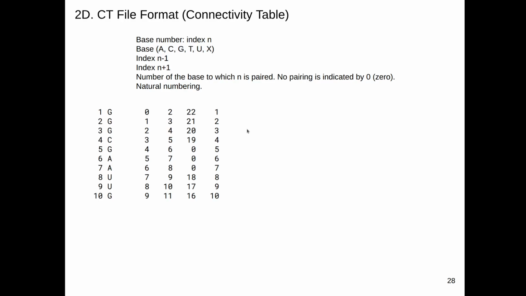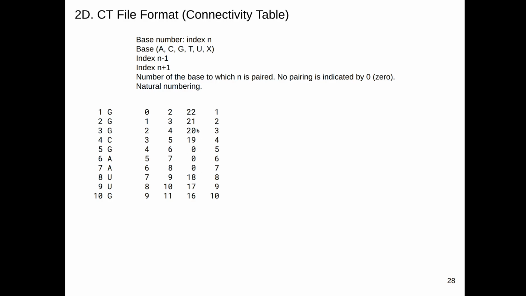Apart from this, we also have some tabular notations. This is the so-called CT file format, connectivity table, where we have one line per position. We have the nucleotide, ordinal number, zero-based indexes, and this is one-based indices, and this is the index of the partner. For unpaired residues we have zeros here.